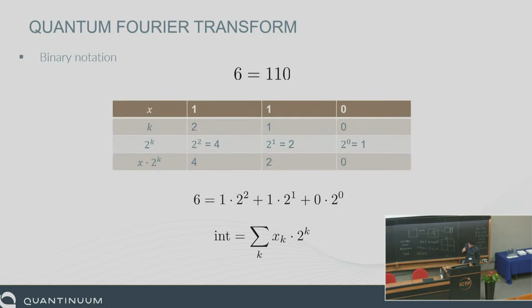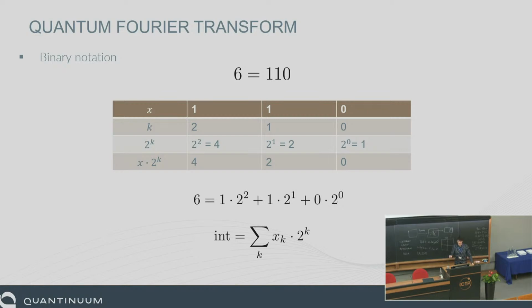Okay, so now to really understand the quantum Fourier transform, you have to understand binary notation and sums of how you can get the integer values from the binary values. This is something I struggled a lot with, because computer scientists are quite native with this kind of stuff, but I was certainly not.